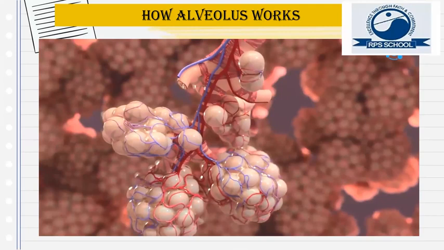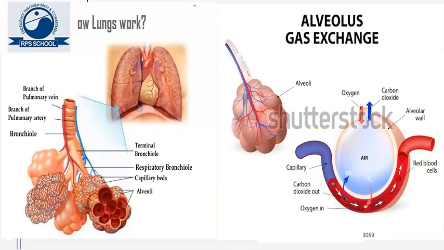There is a fine mesh of blood vessels surrounding each alveolus. The oxygen of the air in the alveoli passes easily through the thin walls of these blood vessels. It combines with hemoglobin in red blood cells of blood to form oxyhemoglobin and is carried to all the cells of the body.